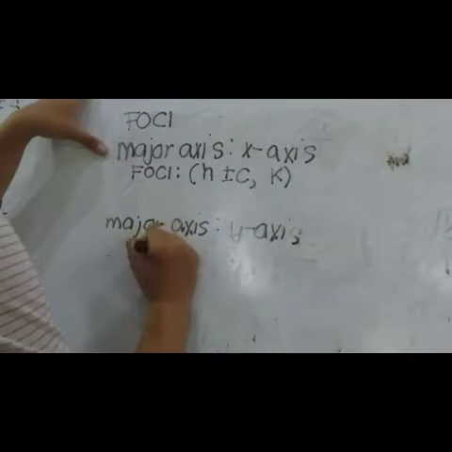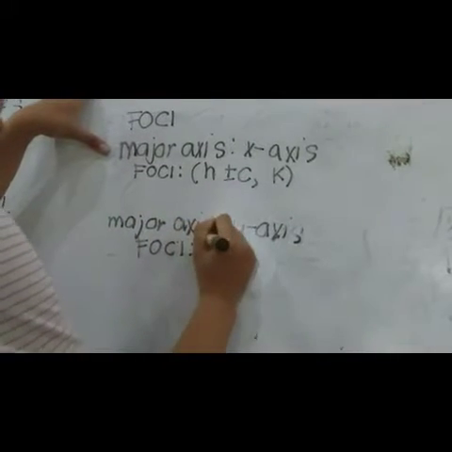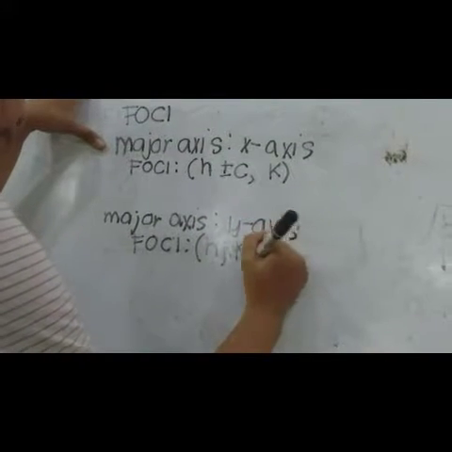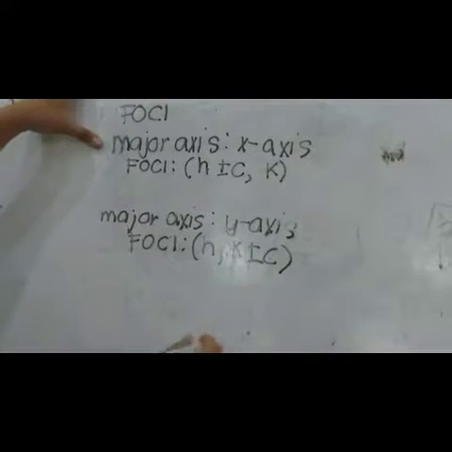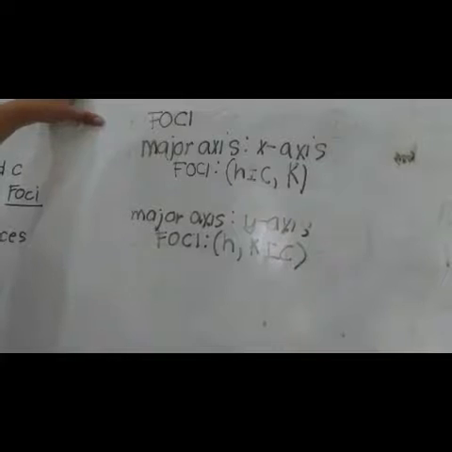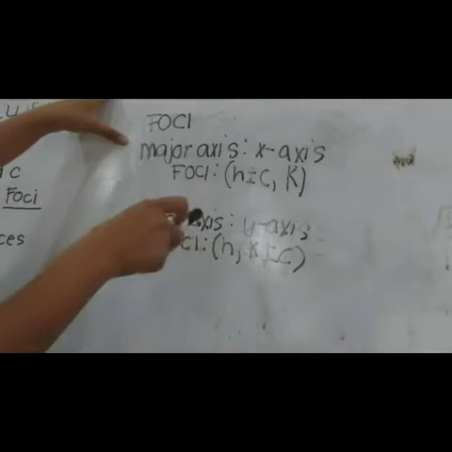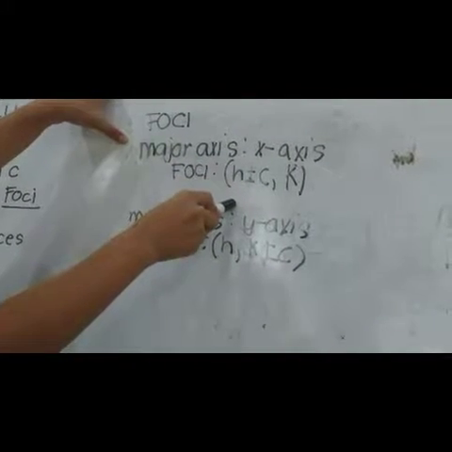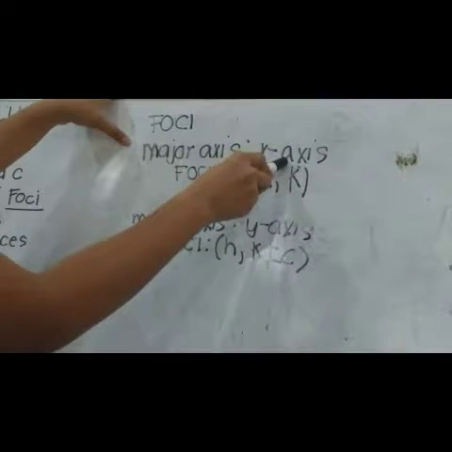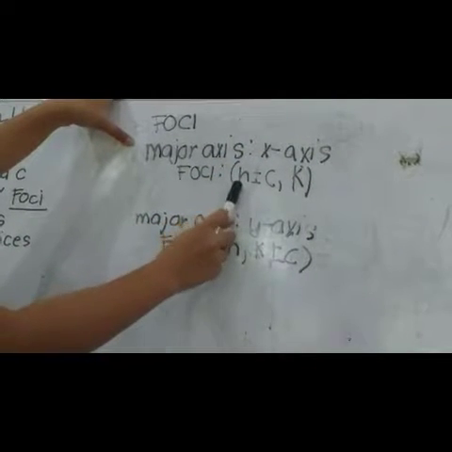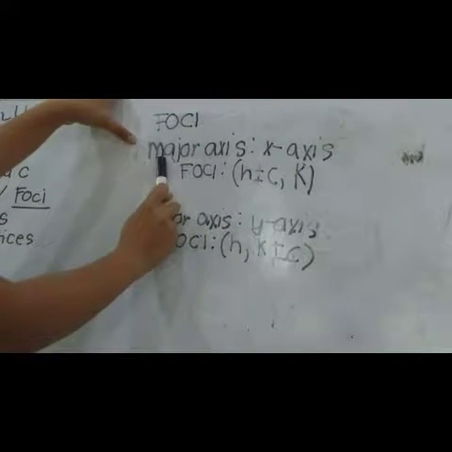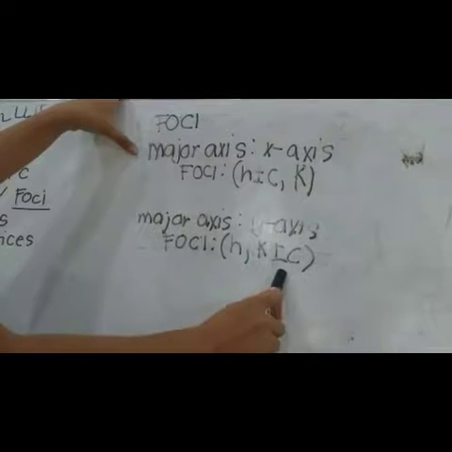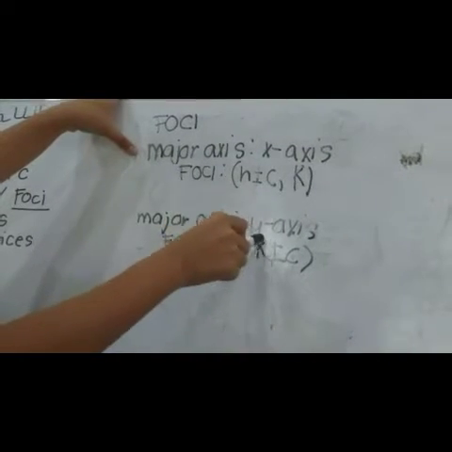While in y-axis, it will be this. As you can notice, we just put the C wherever the major axis is. If the x-axis is the major axis, we put the C to the horizontal axis because x-axis is the horizontal axis. And here we put the C at the y-axis because the y-axis is the major axis.